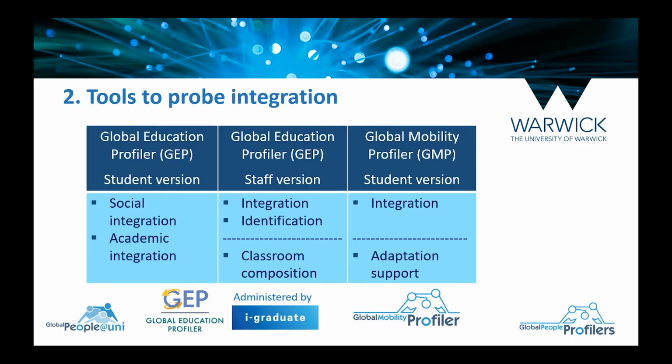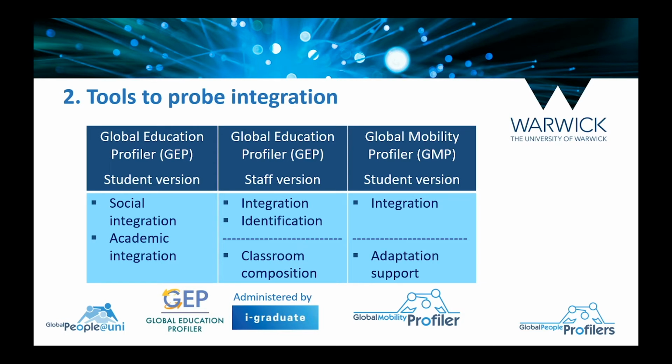The staff version also has a construct integration and also identification, and that's to do with staff integration into the organisation. And then classroom composition is the other side, because obviously you need a diverse classroom in order to match that against students' viewpoints on academic integration.